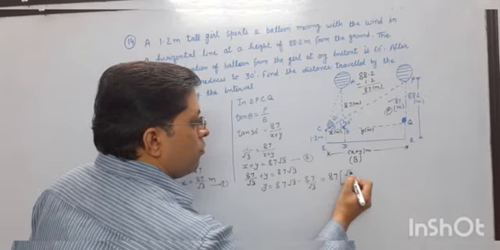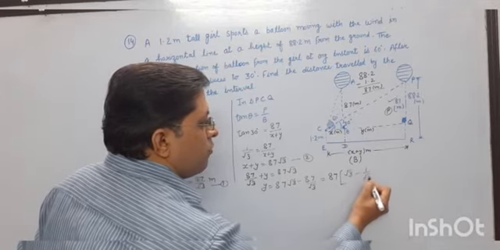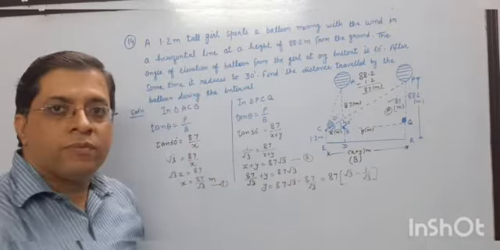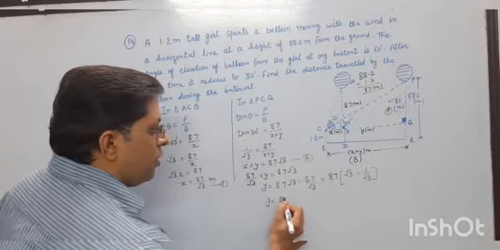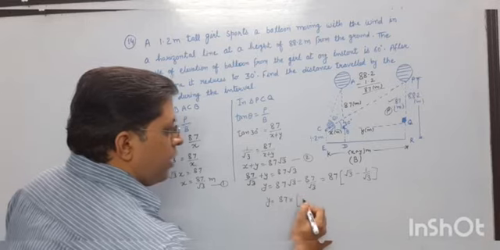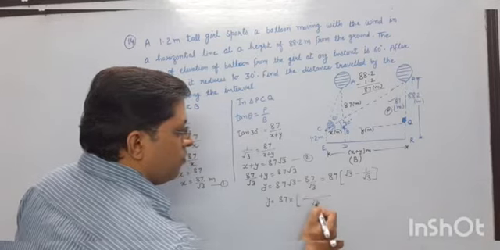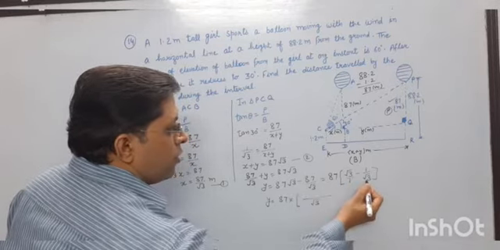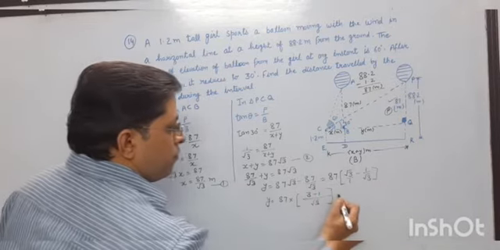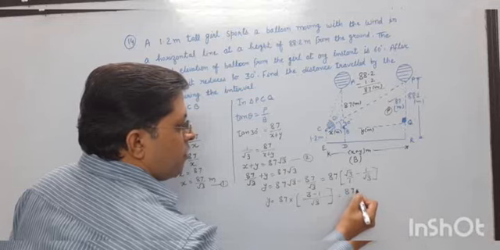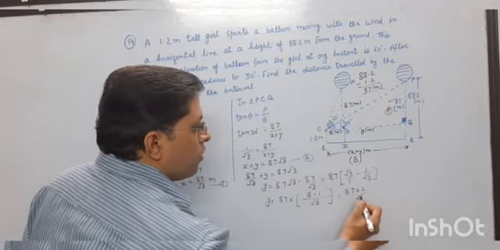What will come? Root 3 minus 1 upon root 3. Take the LCM: root 3 is the LCM, root 3 upon 1. Root 3 into root 3 is 3, 3 minus 1. So what is coming? 87 into 2 upon root 3.